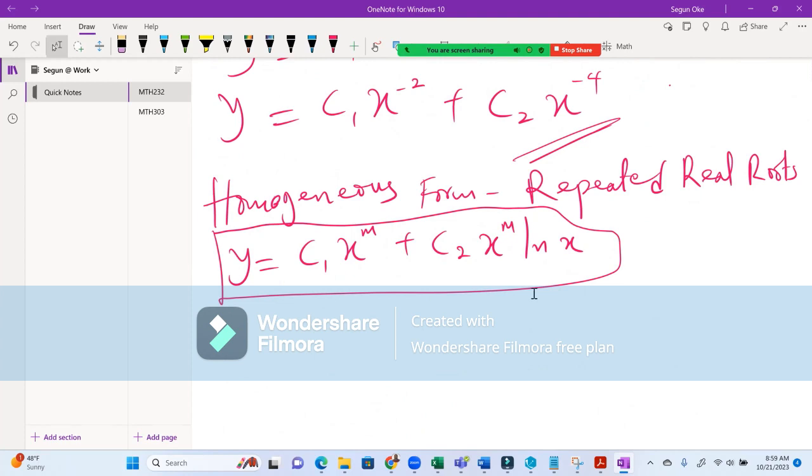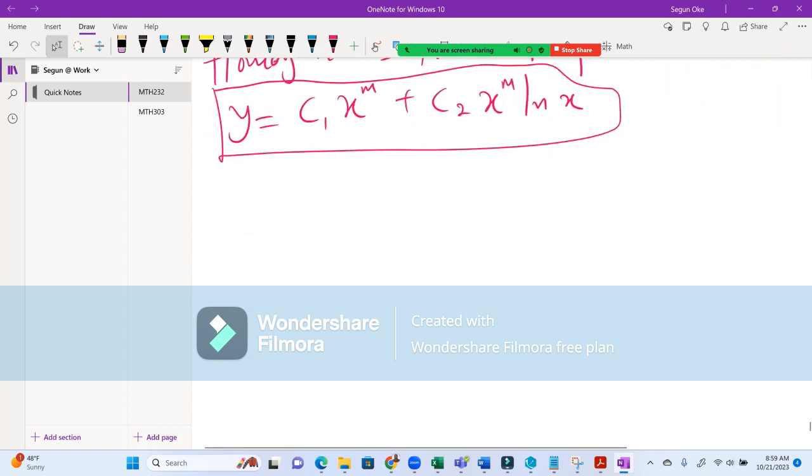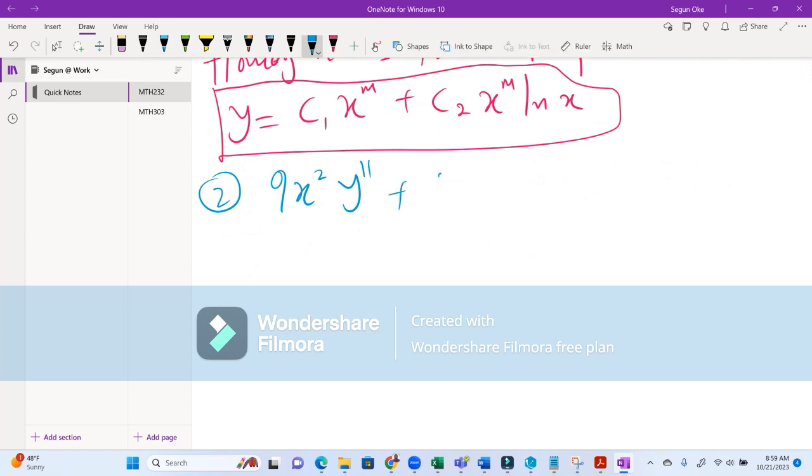Now, how do we know about repeated real roots? Look at this question 2: 9x squared y prime prime plus 3x y prime plus y equals 0. What is A in this case, please?